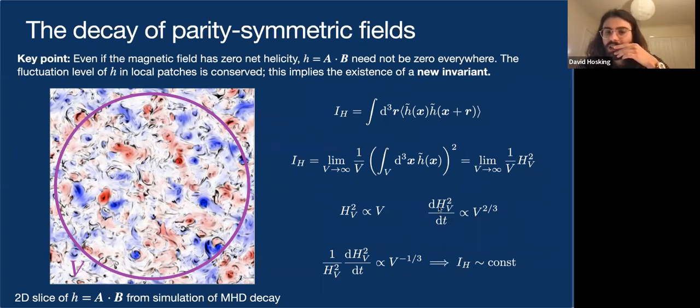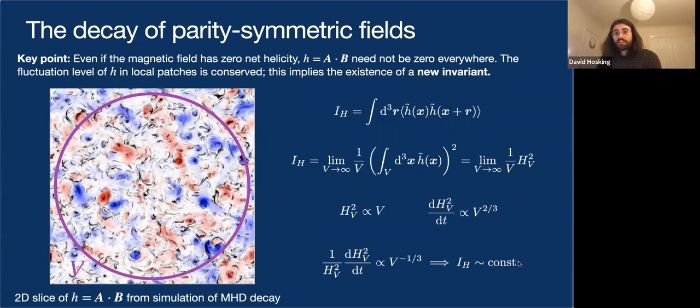And so therefore dH squared by dt scales like the surface area of this sphere that I'm imagining, or like volume to the 2/3 equivalently. So if one forms the rate of change of H squared, using these two estimates, one finds that thing is proportional to V to the minus 1/3, and so taking the limit as volume goes to infinity, this rate of change goes to 0, and so I_H becomes constant.